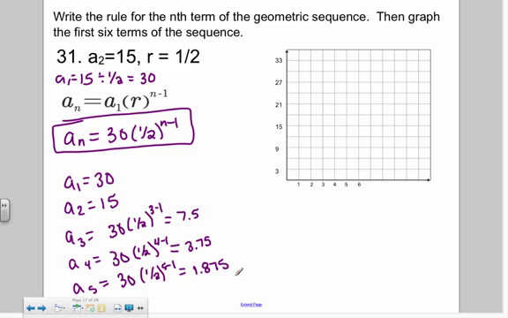So now I'm going to go ahead and graph these. Here's a little graph that I already set up. On the bottom, I'm going to have my n's, and then on the side, I have my a sub n, or the result, the value. My first term's value was 30. My second term's value was 15.